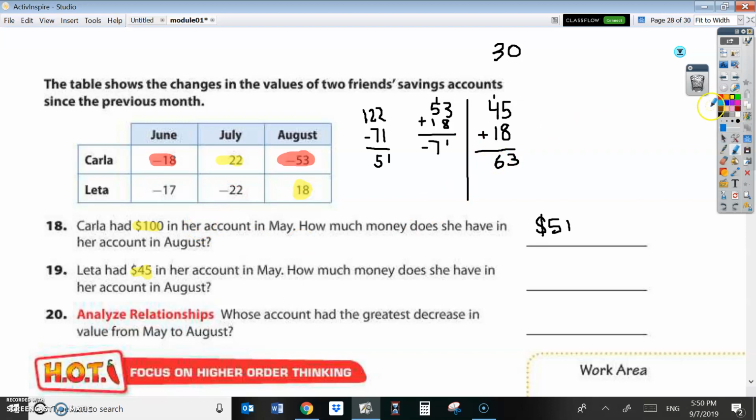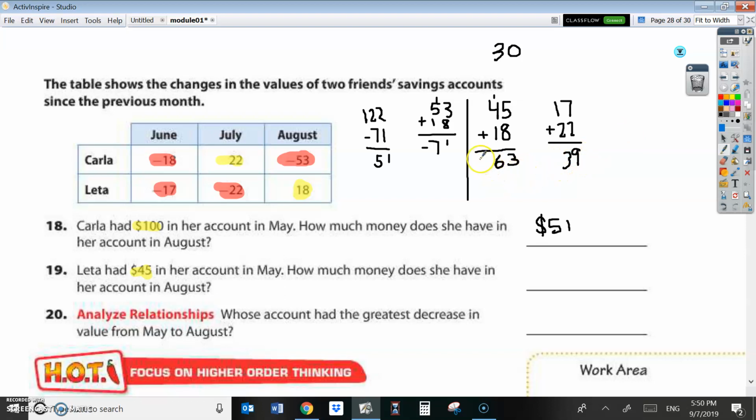Now combine her negative amount. 17 and 22. Nine here, 3 here.